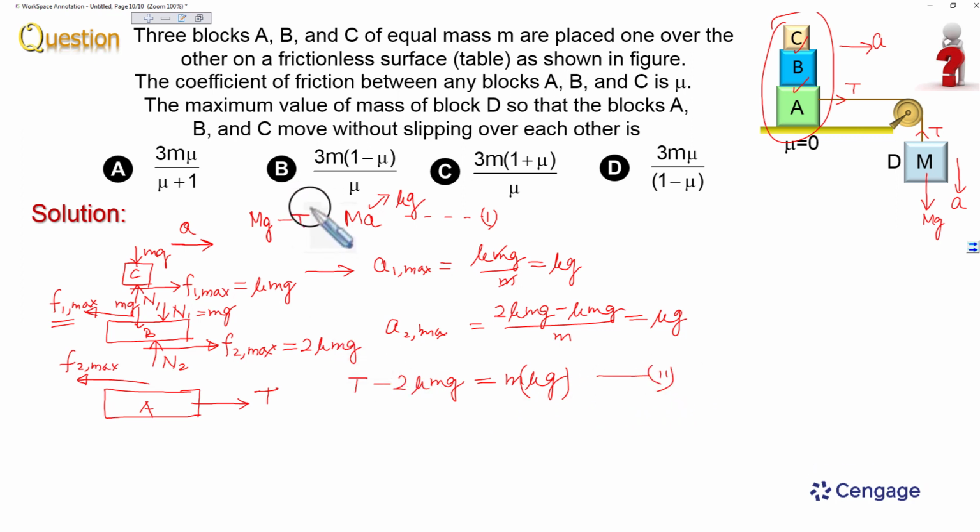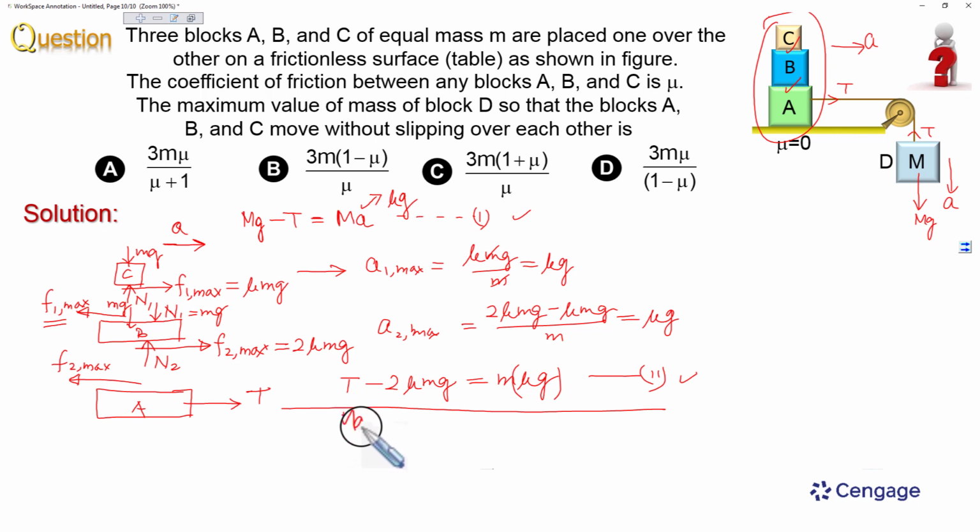Now we can solve equation number 1 and 2. We can add them to eliminate capital T. If we add equation 1 and 2, the equation will become capital Mg, T and T will get cancelled, and here is minus 2 mu mg. That should be equal to mu multiplied by capital Mg, from this equation, plus mu multiplied by small mg.